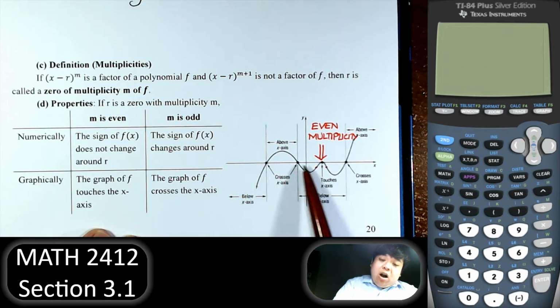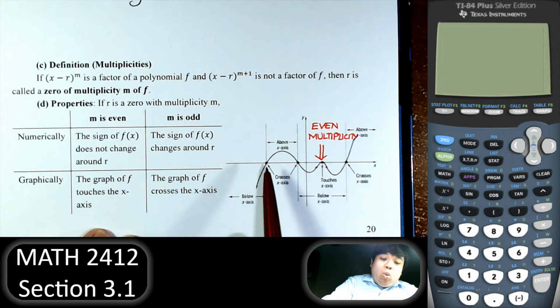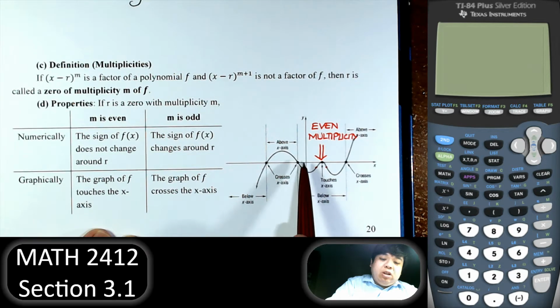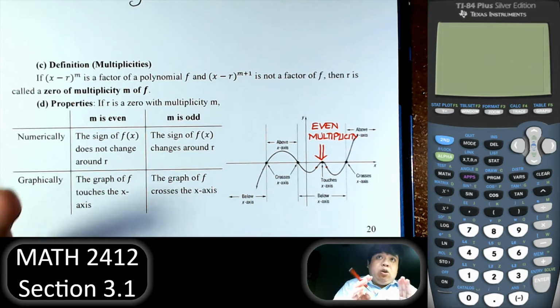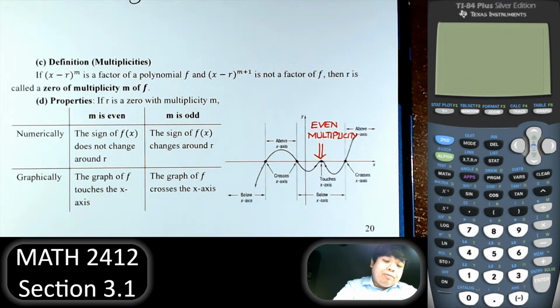If the multiplicity is odd, it will go across the x-axis. So one of them is negative, one of them is positive. One of them is positive, one of them is negative. Right? So with an even multiplicity, it hits the x-axis and turns around. Because of that, the sign will be the same, either both positive or both negative.